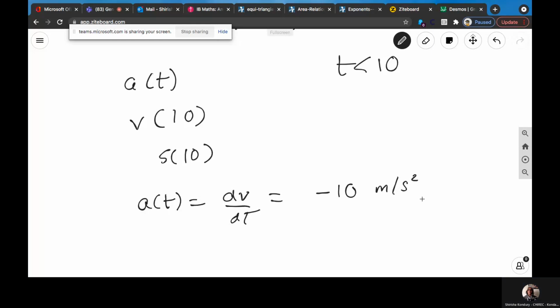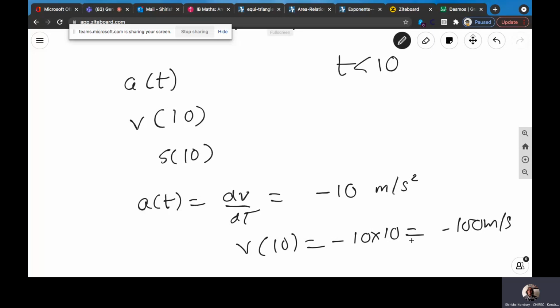Correct? And the velocity at 10 will be simply minus 10 into 10, which is minus 100 meters per second.